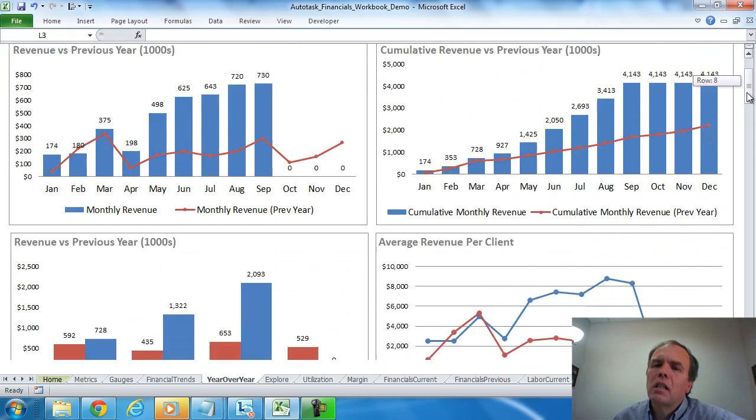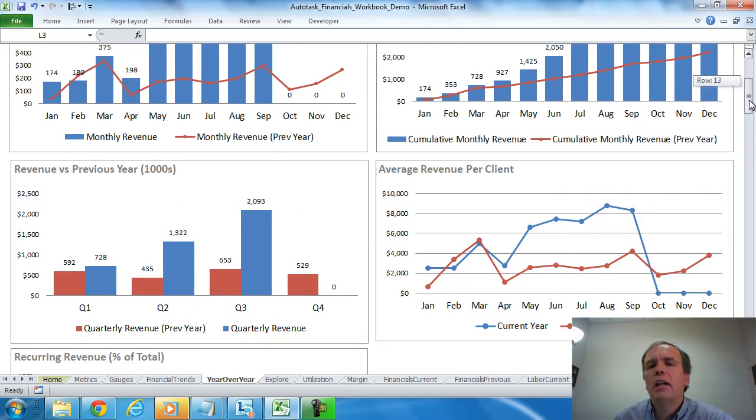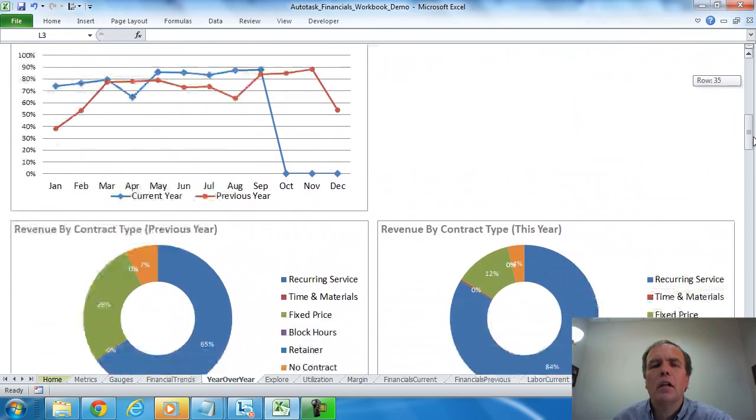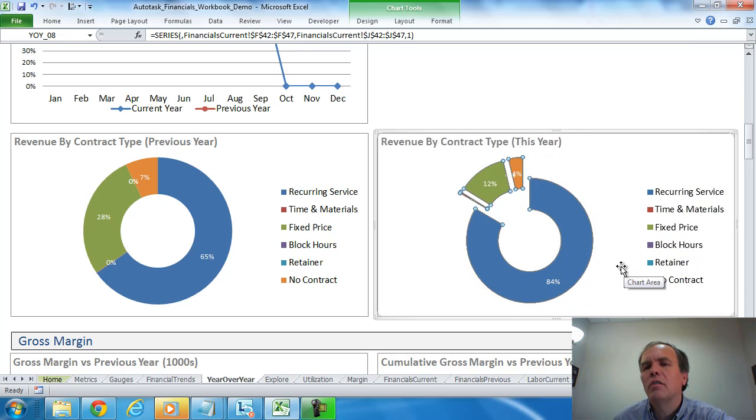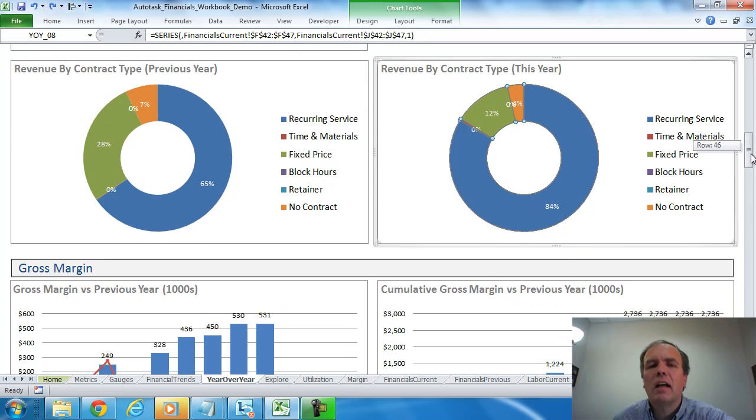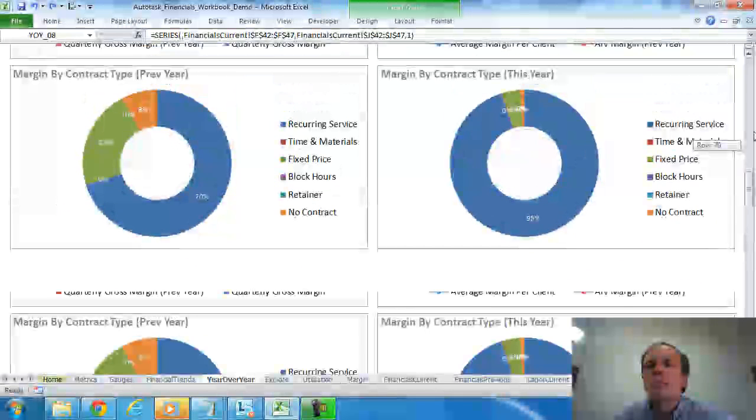But it allows you to see how you're comparing not only year-to-date information in terms of average revenue and client, but also what may be the distribution by contract type. So are you moving into more of a recurring service model this year versus last year? And kind of showing you that capability. How am I trending in terms of my gross margin? So that type of analysis, all in terms of the year-over-year, we'll dive in a little bit later on some of those things.